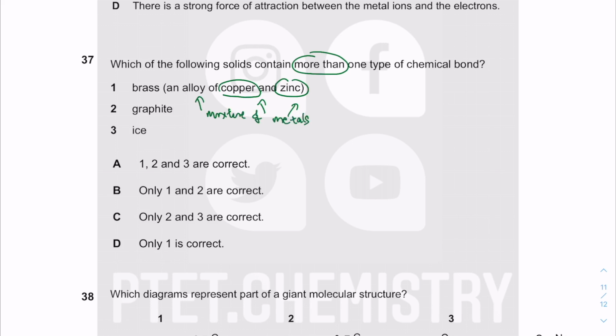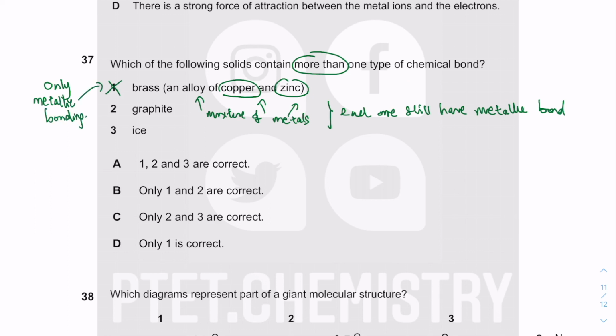Just because you have different metals, they're still a mixture, therefore each one still has metallic bond. Each one is still metallic bond, and metallic bond is still one type of bonding. So A is out. Sorry, I mean 1 is out because only metallic bonding. Yes, you have two different elements, but you only have one type of chemical bond.